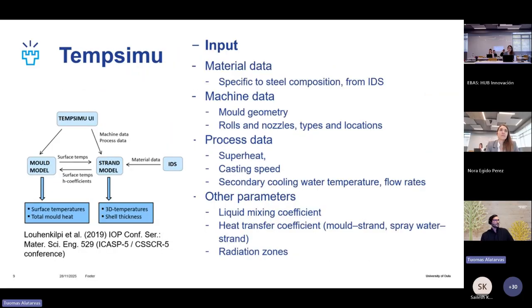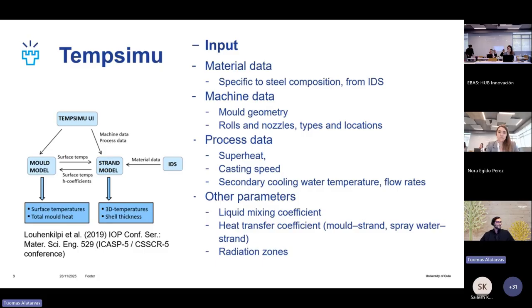For TempSimu, we need as input, most importantly, material data, machine data, process data, and there are other parameters as well. The material data is always specific to the steel composition that we are simulating, and this needs to be first calculated by IDS before inputting it into the TempSimu calculations.